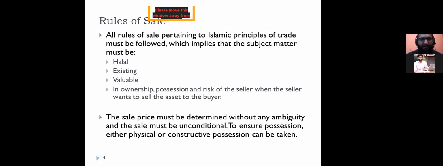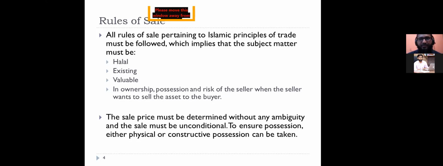And an important point is that if someone is selling an asset, the seller has to own the asset, has to have possession of the asset, and has to bear the risk of the asset which he or she is selling. Now, when we apply it to contemporary markets, especially financial markets, we come across certain transactions like short selling, where you sell an asset which you do not own, which you do not have possession of.